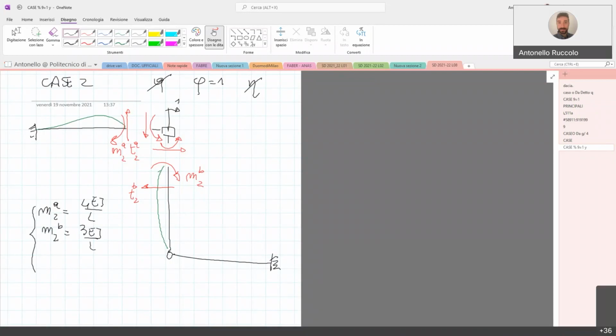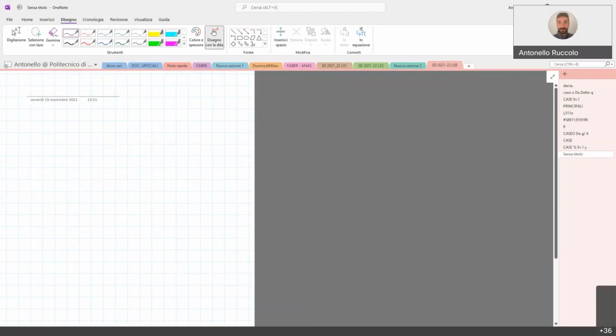A2 is equal to 6 iota over L. Okay. So now we can simply impose the equilibrium equations.